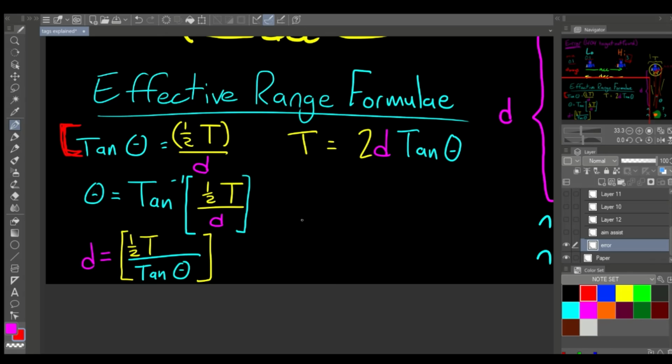So we just take half of our T, which is 0.5, over tan of 3, and then invert that.